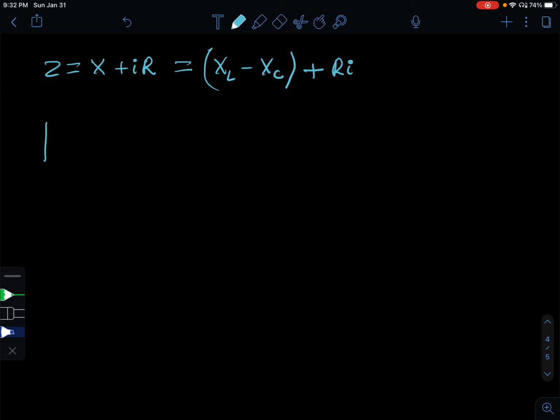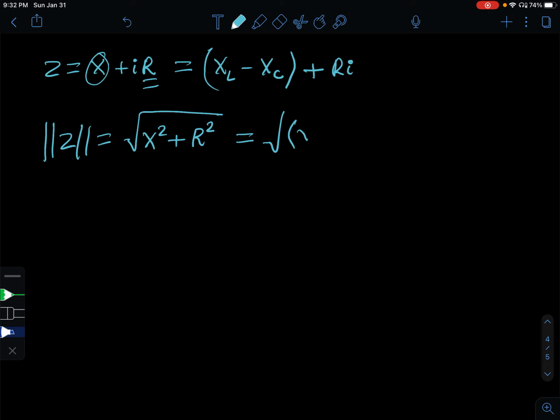And finally, to solve for the magnitude of Z, that's equal to the square root of the reactance squared plus the resistance squared, which is equal to, the last step is to plug in the reactance, which is XL minus XC, squared plus R squared.